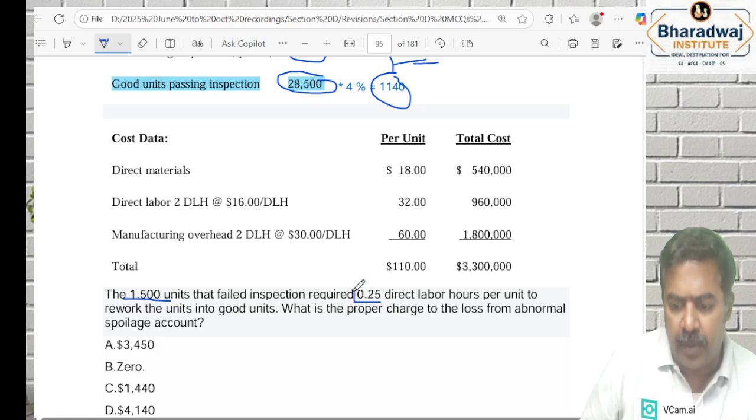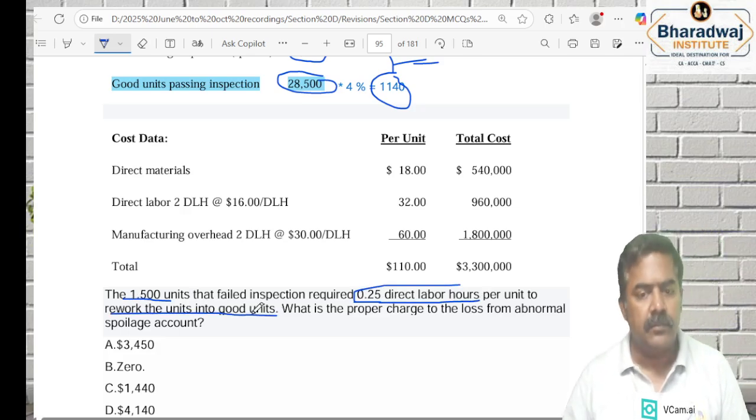So we are going to spend 0.25 direct labor hour per unit to make it good units.